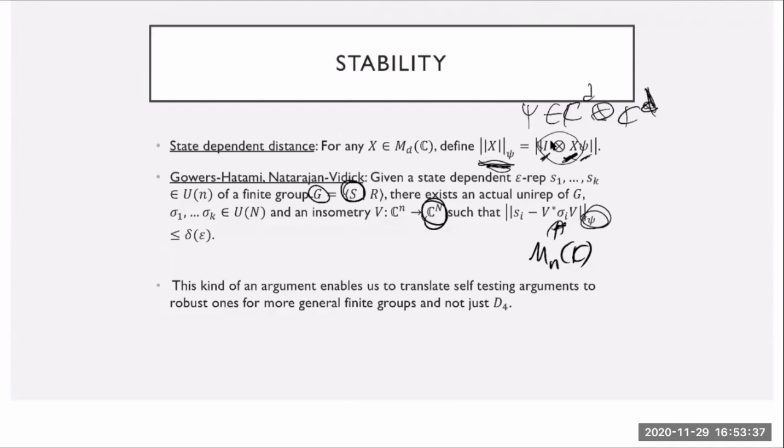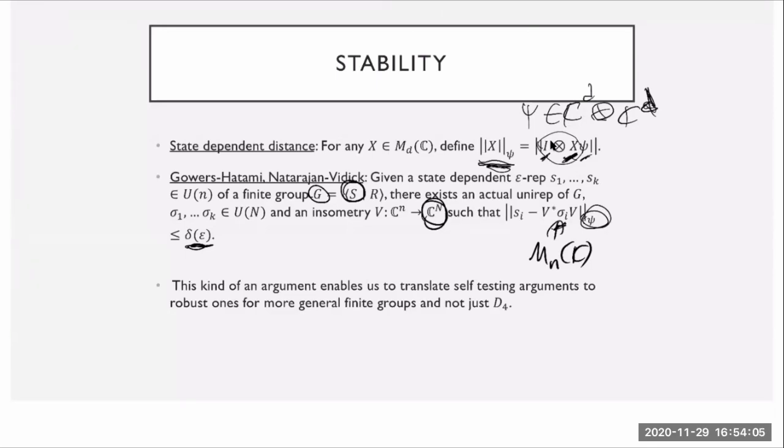It has some diameter, so this delta is also a function of this diameter. As long as you bound your diameter by some constant, and for example in Gowers and Hatami, they take the generators to be all the group elements, and the relations to be the multiplication table of the group.